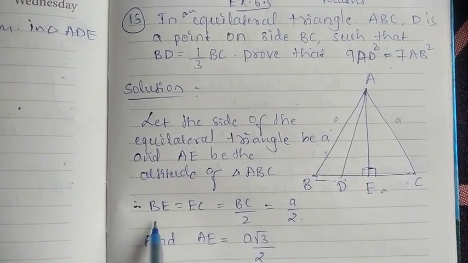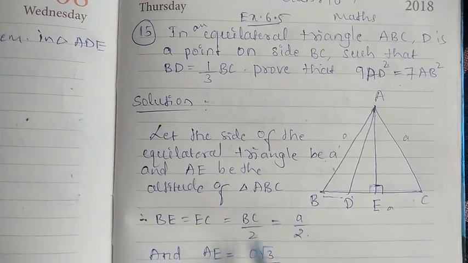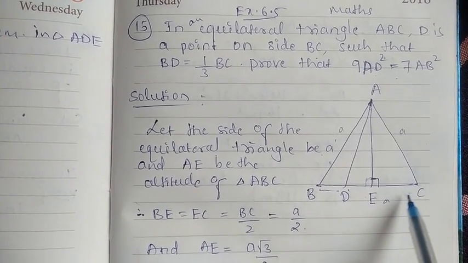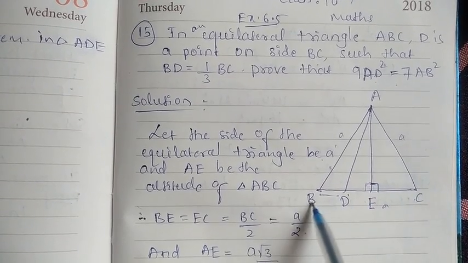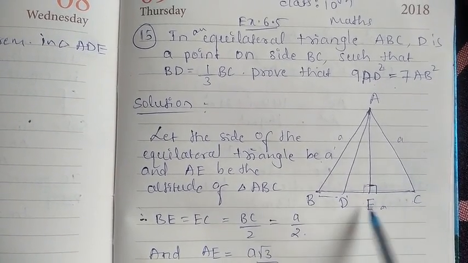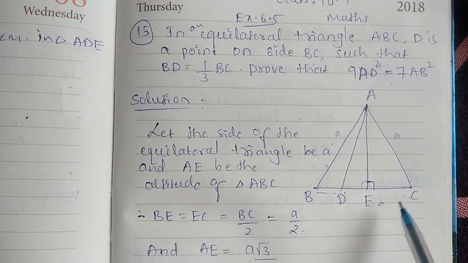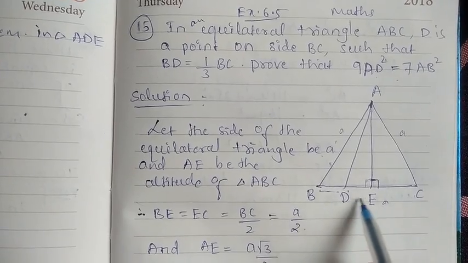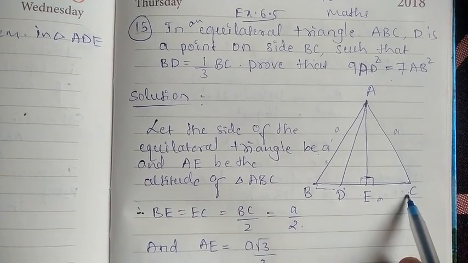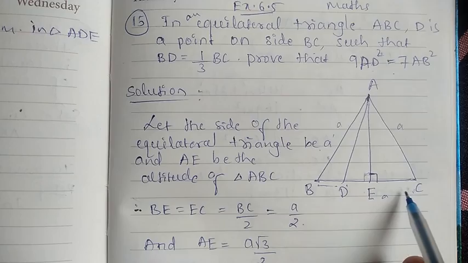In an equilateral triangle, BE is equal to EC, because this is the altitude, which means E is the midpoint of BC. It means that BE is equal to EC. Correct, children? So BE is half of BC, or you can say EC is half of BC.